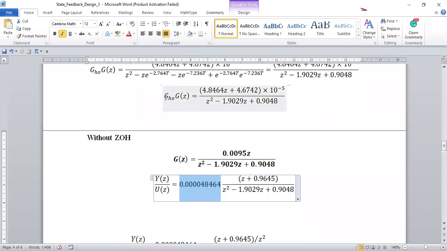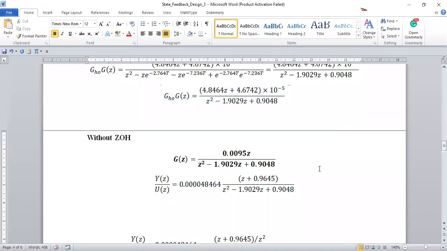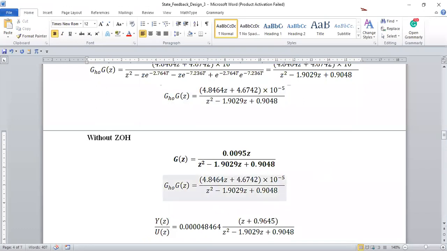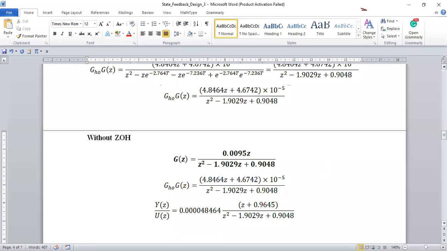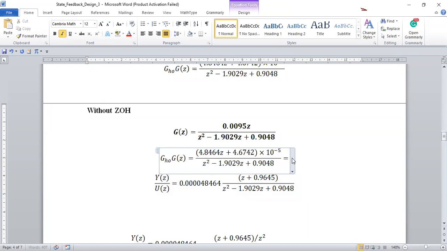So this is the transfer function here, and it's the same thing as this. What I simply did in order to get this transfer function is to bring out this one here, because now we want to convert into state space. So that's why I'm doing all of this.